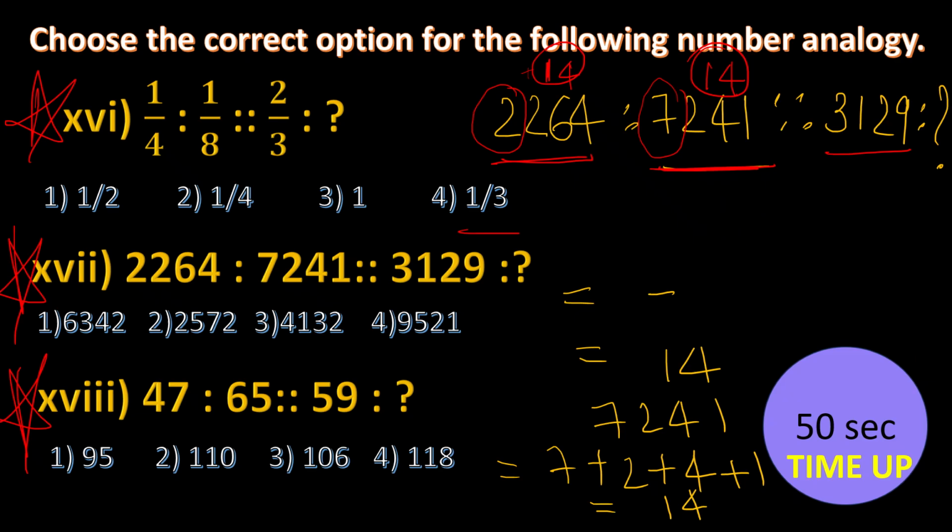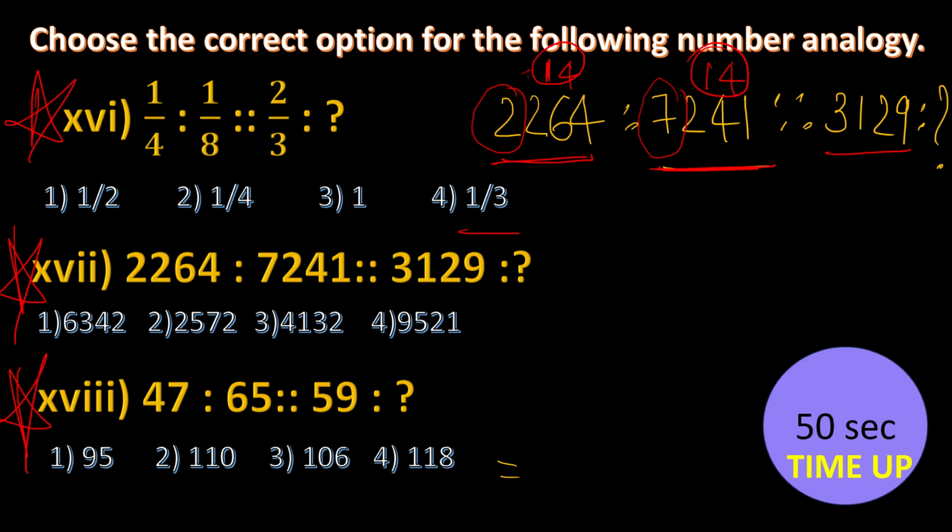That is, when you add 3129, whatever sum you get, that sum only should be the answer here if you add. Okay, like 3129 is there. So when I add 3 plus 1 plus 2 plus 9, I'll get 15.